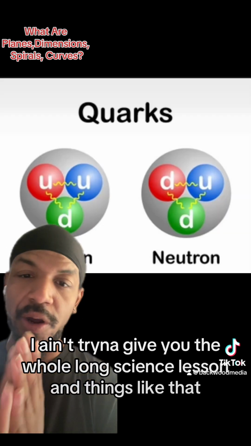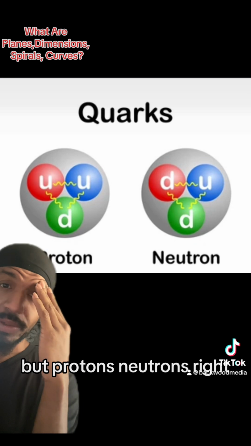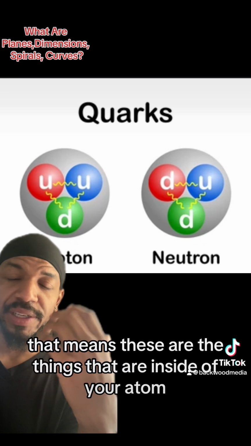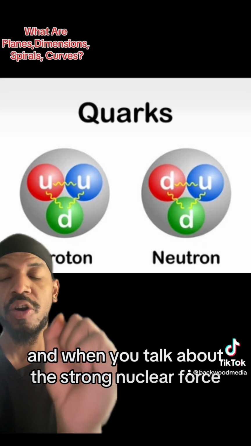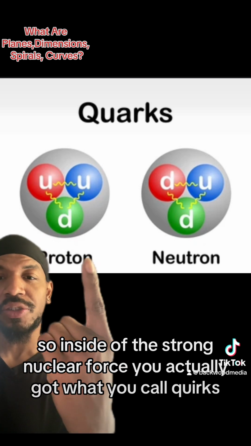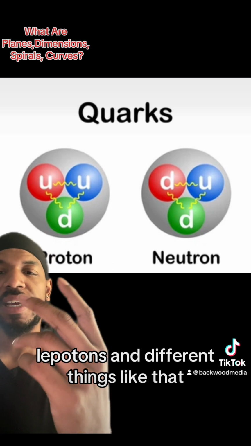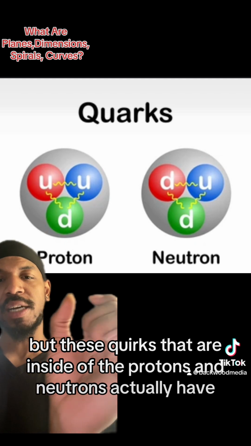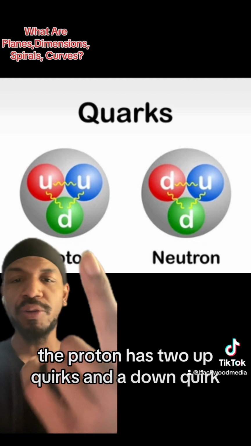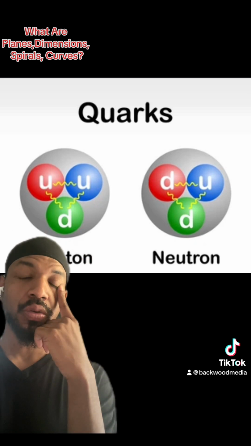I ain't trying to give you a whole long science lesson, but these are protons and neutrons, the things that are inside of your atom. And when you talk about the strong nuclear force, inside of it you have what you call quarks, leptons, and different things like that. The quarks inside of the protons and neutrons: the proton has 2 up quarks and a down quark, and the neutron has two down quarks and an up quark.